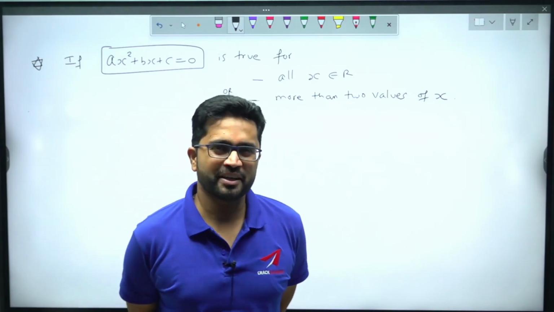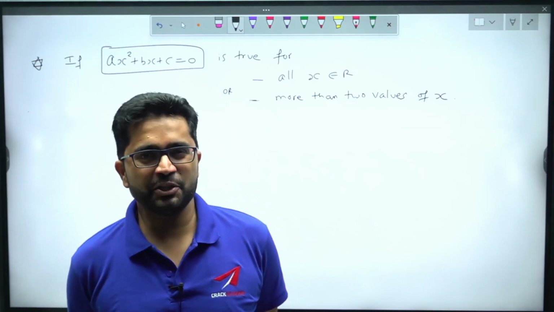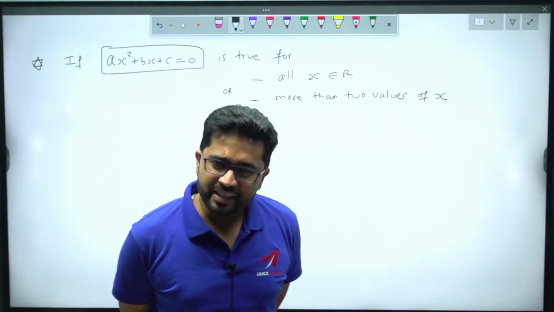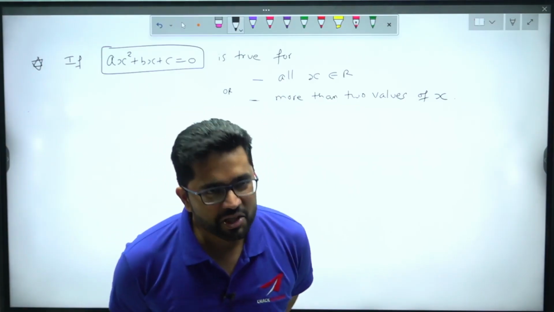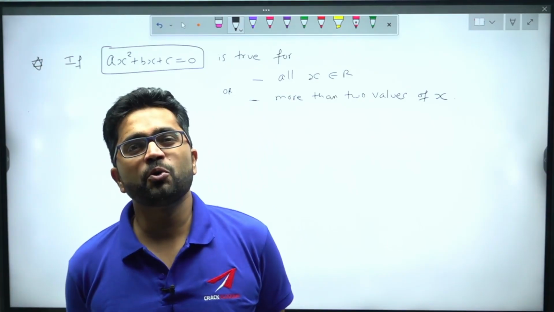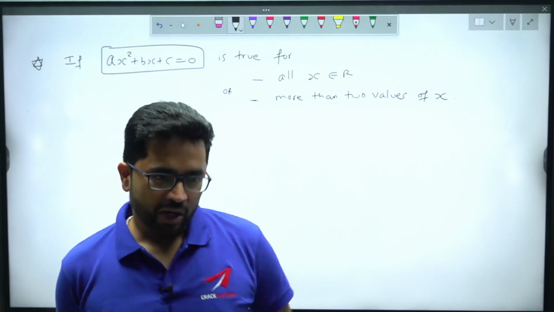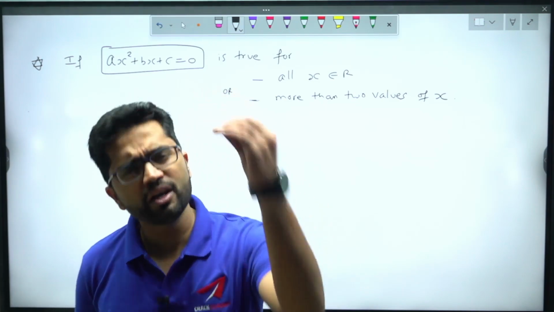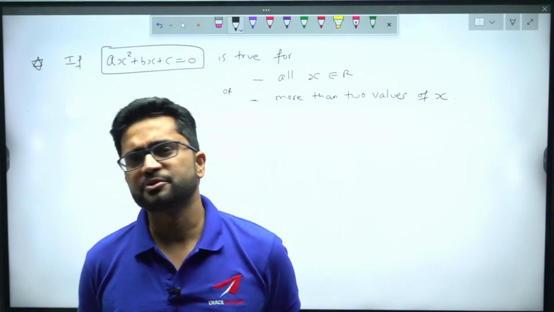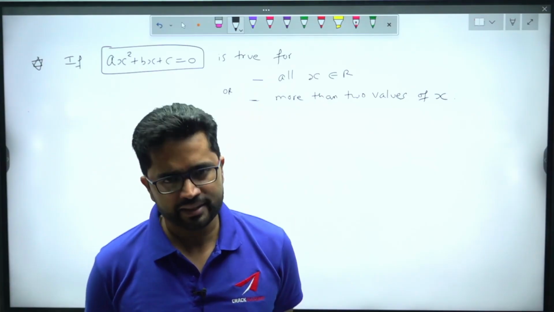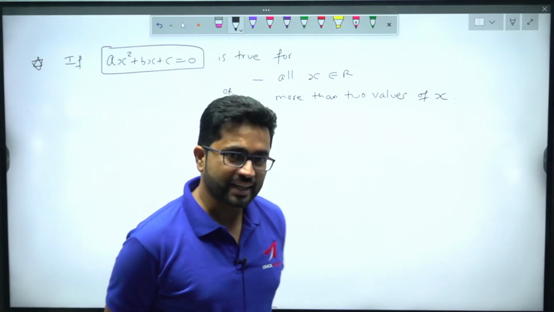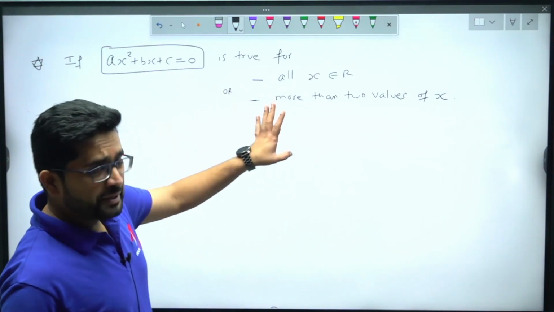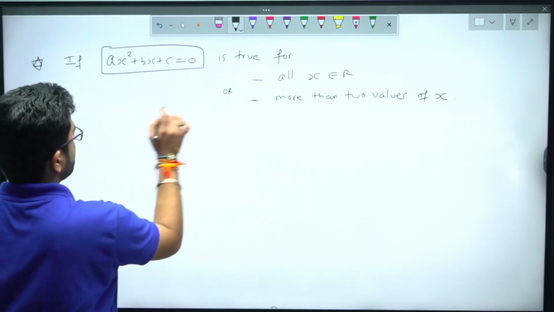On our planet, degree 2, maximum roots are 2. But somebody comes and says, I have a quadratic equation which is true for more than 2 values of x, or true for all real values of x. So would that be fine? Yes, that can be true. That will be true if this is true for all values of x.